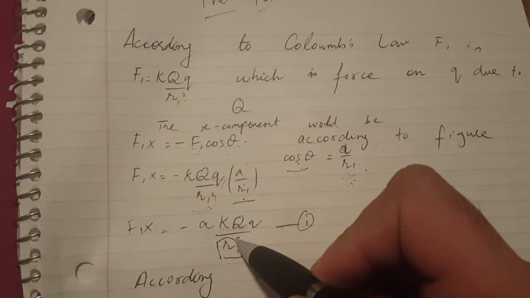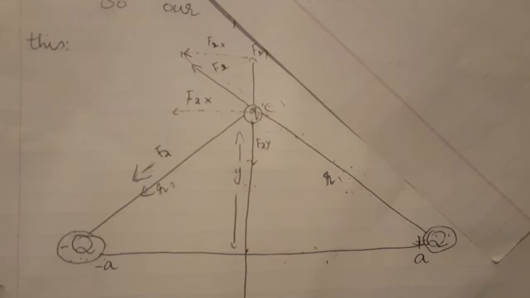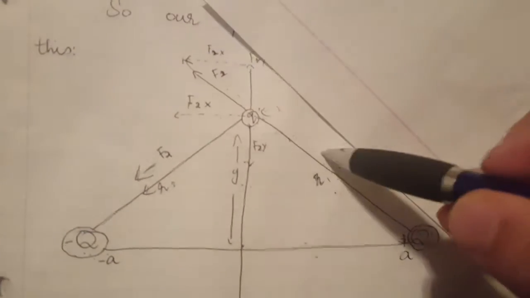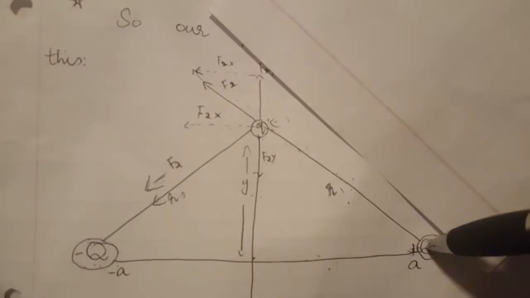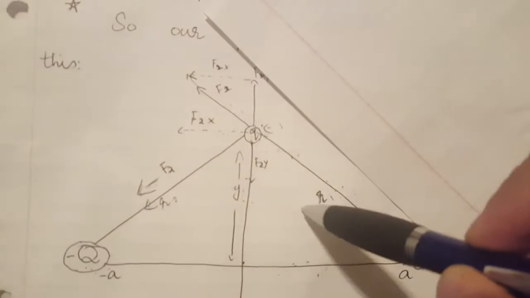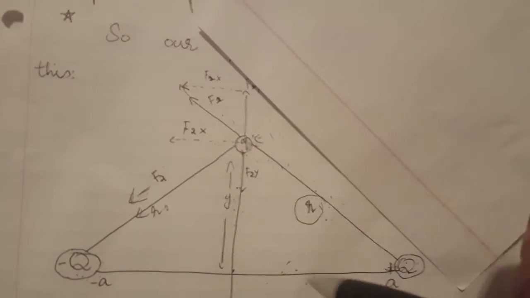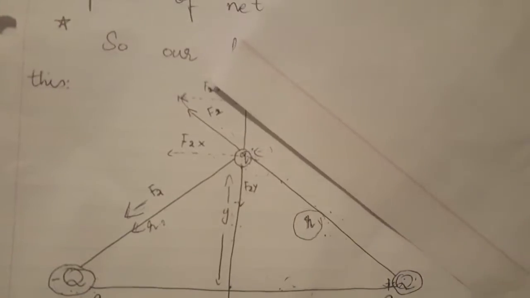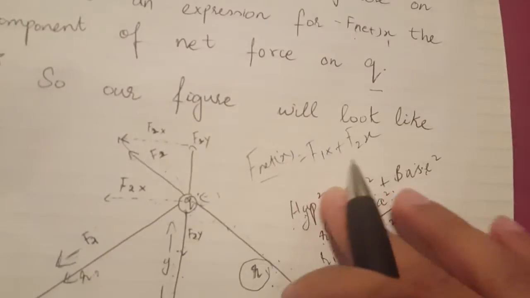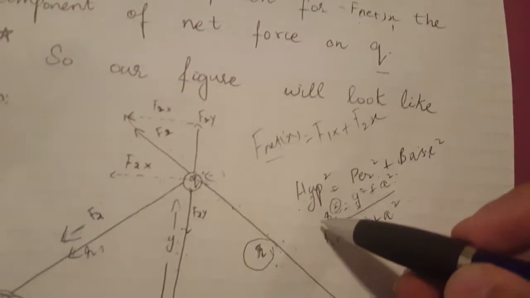Here we can find R1 from our figure. Let's have a look back at our figure. R1 is the distance between small q and capital Q. We know these two sides of the triangle, and to find the third side we can use the Pythagorean theorem, which says hypotenuse squared is equal to perpendicular squared plus base squared.